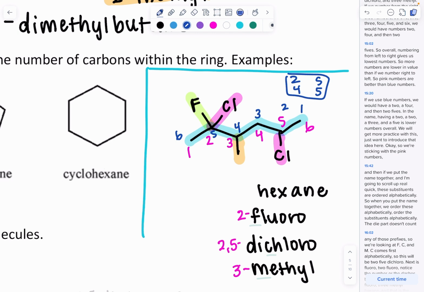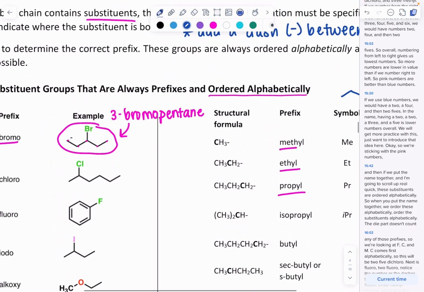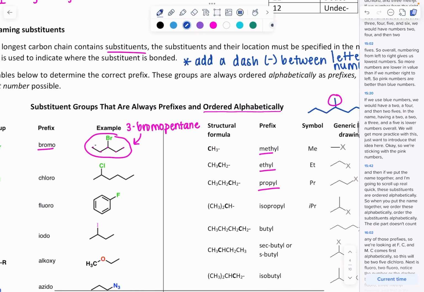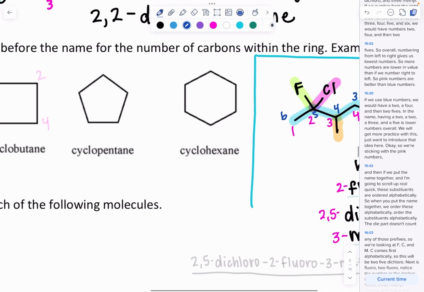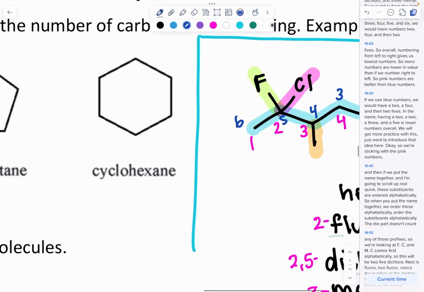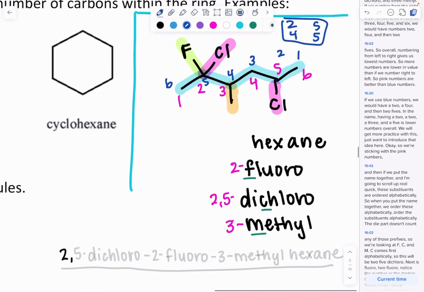Then if we put the name together, I'm going to scroll up real quick. These substituents are ordered alphabetically. So when you put the name together, we order these alphabetically. Order the substituents alphabetically. The di part doesn't count, any of those prefixes, so we're looking at F, C, and M. C comes first alphabetically, so this will be 2,5-dichloro.